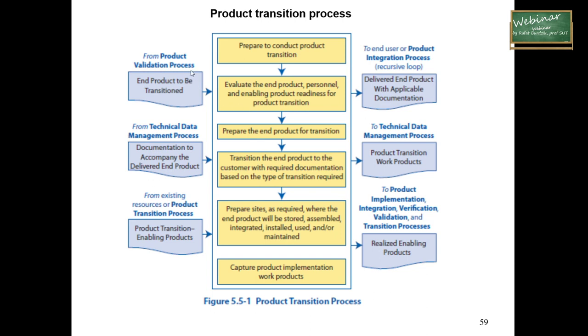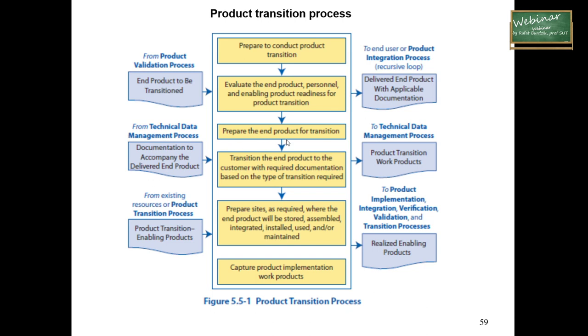We need the end product to be transitioned, and as the result we should have a delivered end product with applicable documentation, which should go to the end user, to the customer, to the product integration process. We should use this documentation as the recursive loop also.